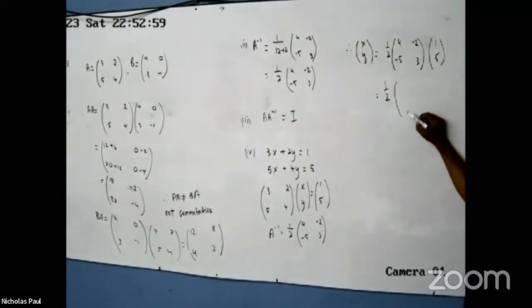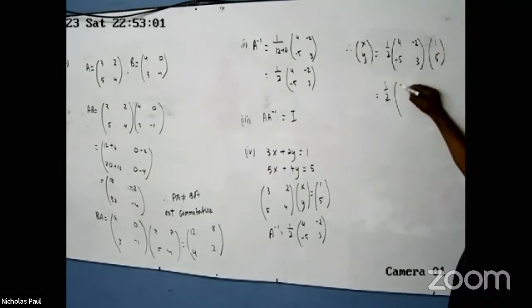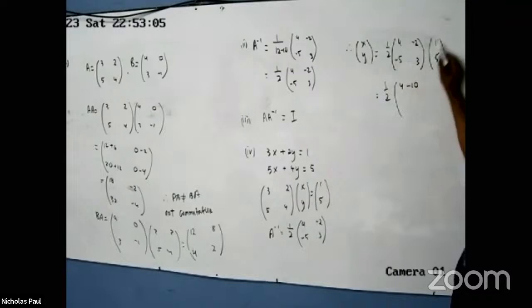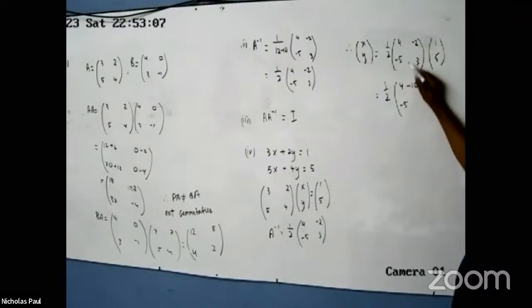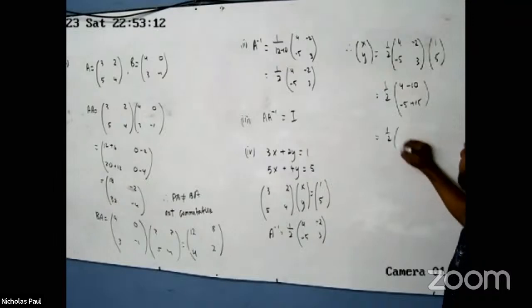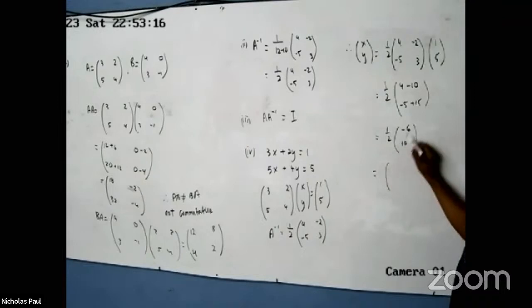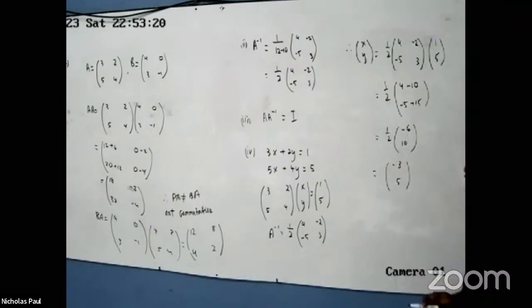And then you multiply it out, row by column. 4 by 1 is 4, minus 2 by 5 is minus 10. Row by column again, that's minus 5 plus 15. So that's half of minus 6, 10. Half of minus 6 is minus 3, half of 10 is 5.